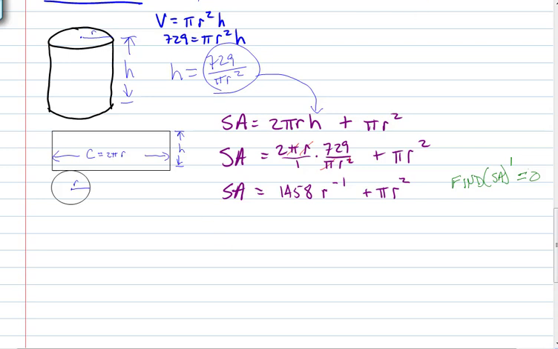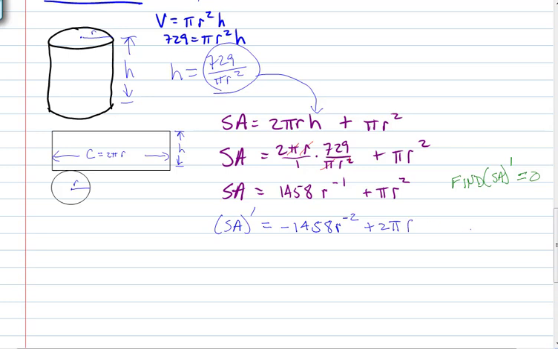So, the derivative of the surface area, and I'm just going to call it SA prime. Are y'all okay with that? It's the derivative of the surface area. I just have SA like one variable. Is equal to negative 1458 r to the negative 2 plus 2 pi r.